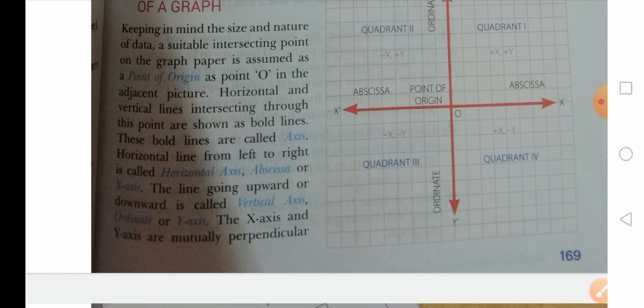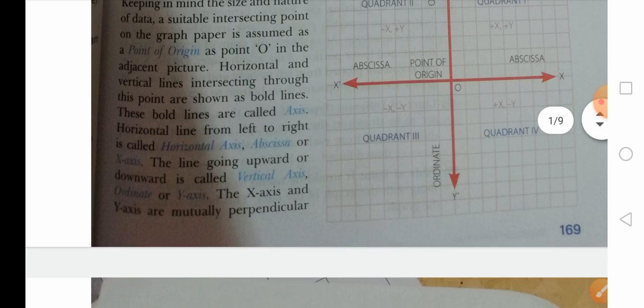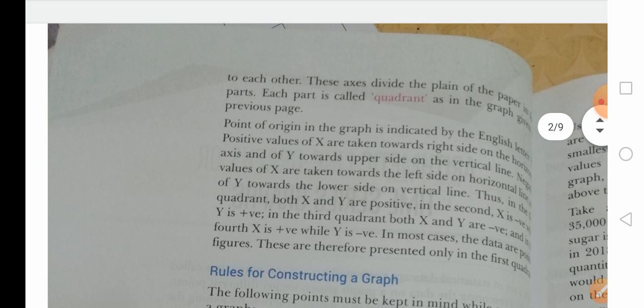The line going upward to downward, Y to Y1, is known as the vertical axis, and the X axis and Y axis are mutually perpendicular to each other.